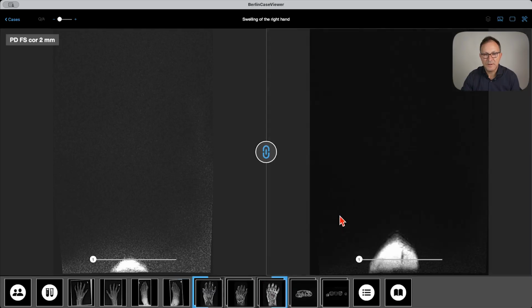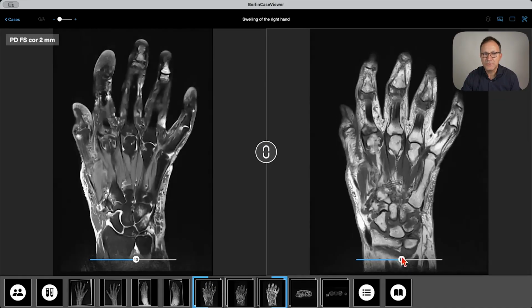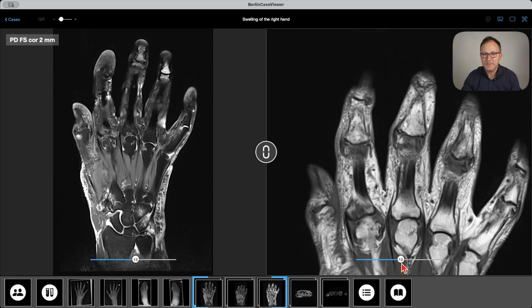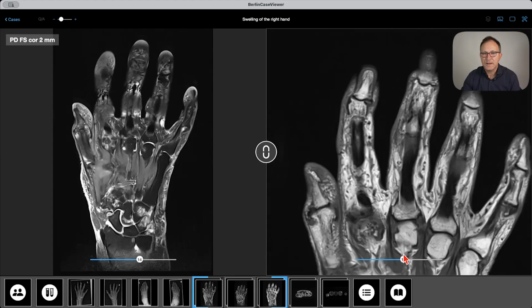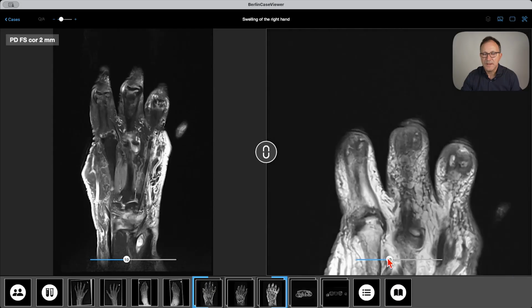And here I can show you the images. So this is the T1 weighted image. We can see there are, of course, as we expected, osteophytes and joint space narrowing in the DIP joints and PIP joints.